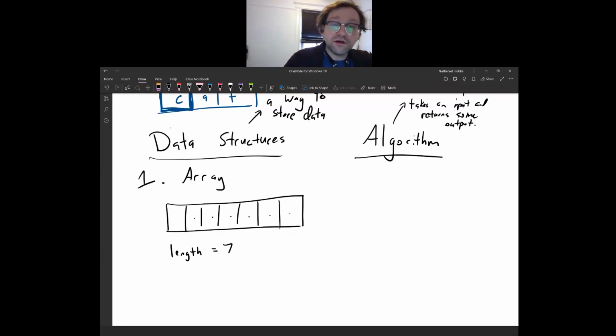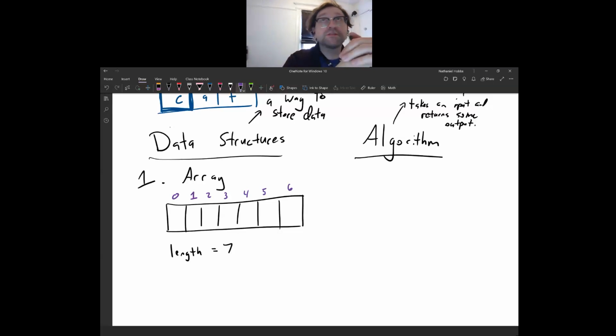Arrays also have indexes, which is which cell it is that you're talking about. These, for reasons, begin with the number 0. So this would be index 0, index 1, index 2, index 3, 4, 5, and 6.